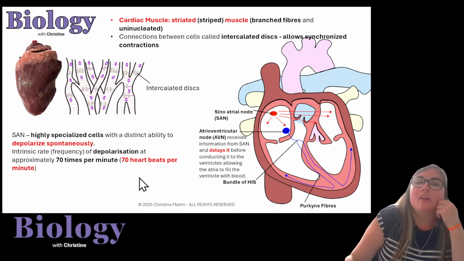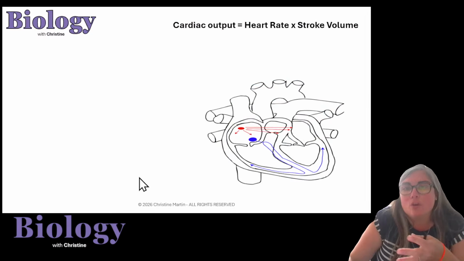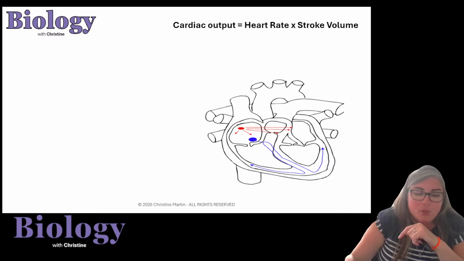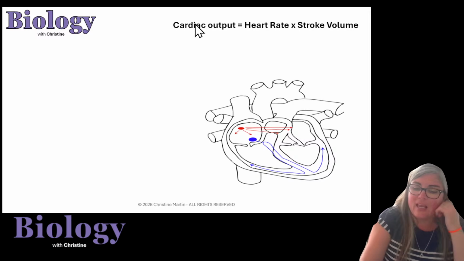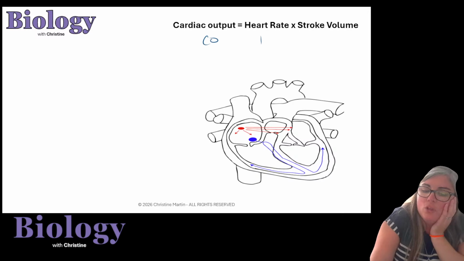So if we are going to increase our heart rate, remember, and I do think if they're going to ask anything, they could ask you to do a calculation on this. Your cardiac output is calculated by your heart rate times your stroke volume.